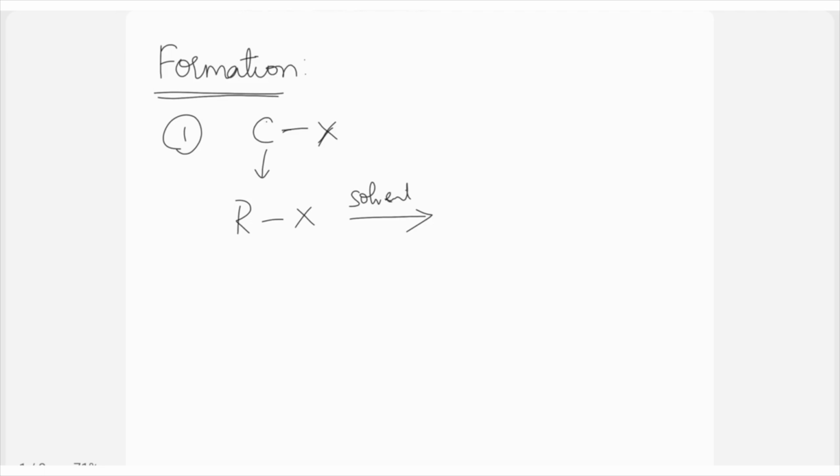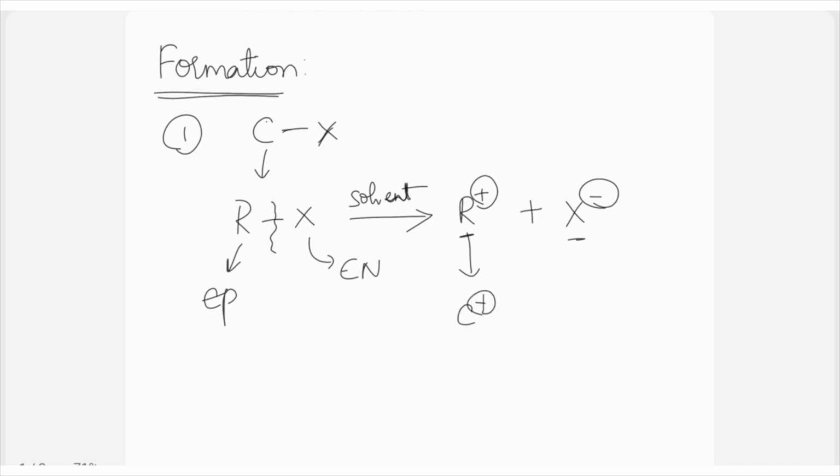It need not always be water, it could be any organic solvent. When this is broken, we get R plus and X minus, because generally X is electronegative and R is electropositive. So definitely X gets the negative charge and R gets the positive charge. Now this is considered to be your carbocation. This is one general example where we could see the generation of carbocation.